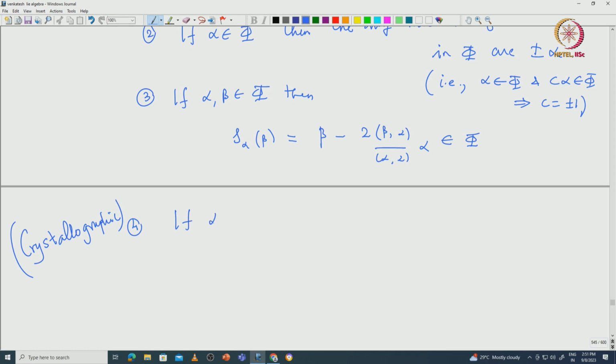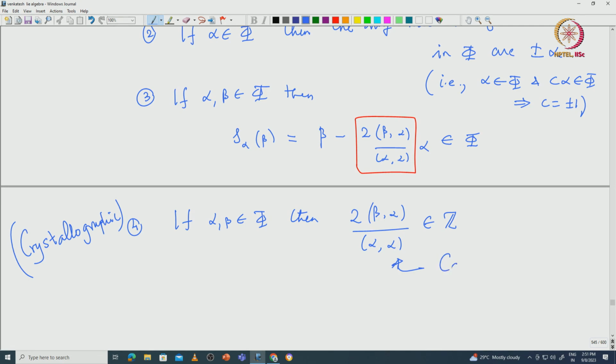If alpha and beta are in phi, then the number twice (beta, alpha) divided by (alpha, alpha) must be an integer. These numbers will be called Cartan numbers or Cartan integers.